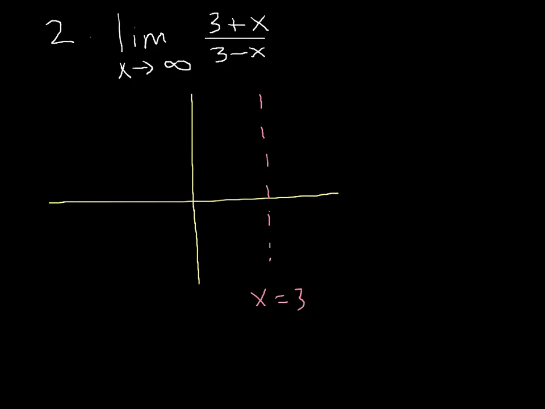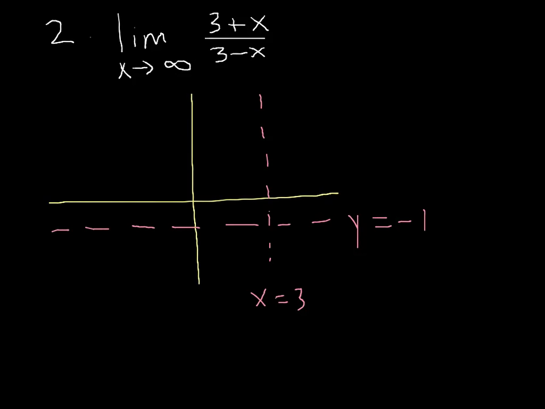And for the horizontal asymptote, these two exponents are the same, so the horizontal asymptote is going to occur at the ratio of the coefficients of those x's, which would be y equals -1. Okay, so let's pick some values.